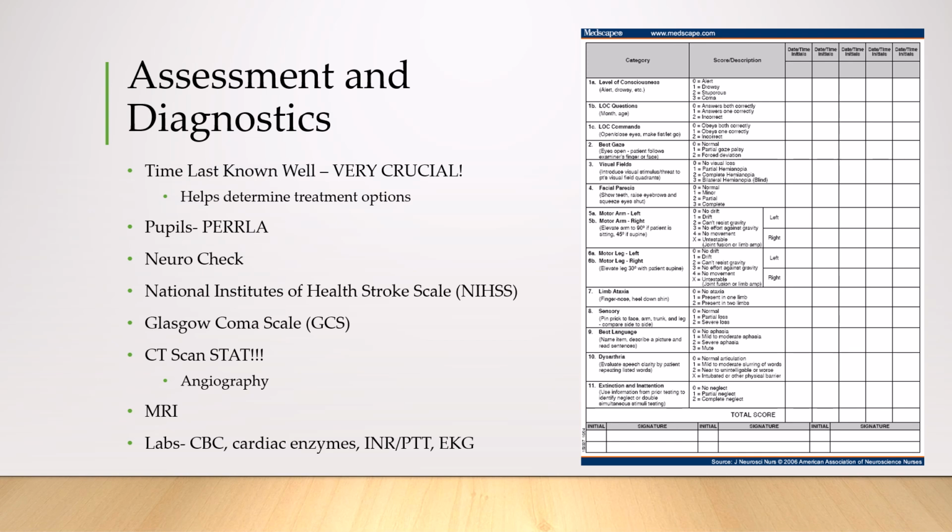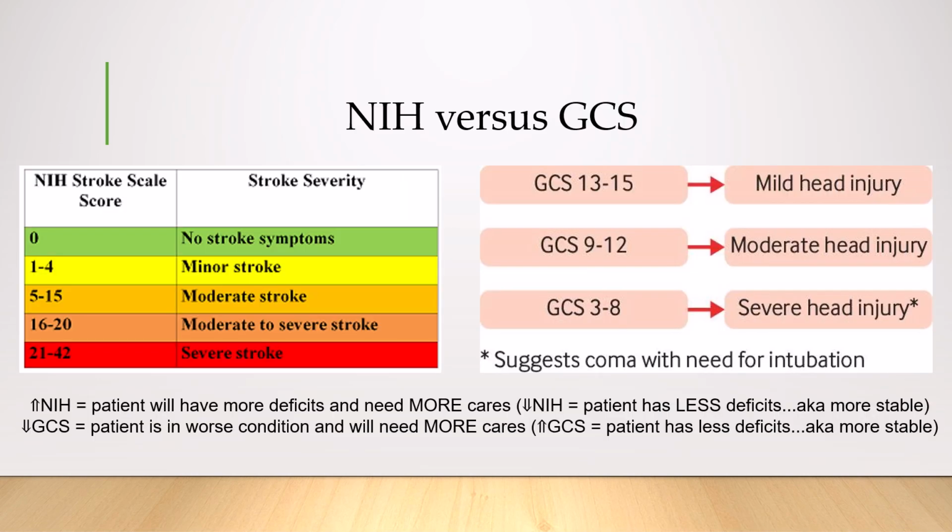Very often we are going to be doing the National Institute of Health Stroke Scale and a Glasgow Coma Scale, so we have a baseline. So the lower the NIH scale, the better the patient.